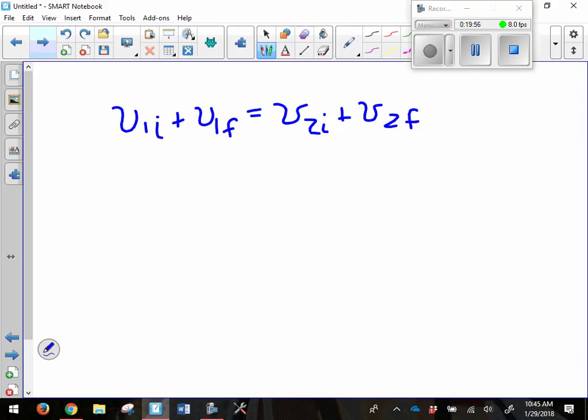This one might be useful here because I have a whole bunch of velocities, but I don't necessarily know anything about them. I know some of their values, and I don't know a lot about my masses either. So these are, of course, going to be vectors.